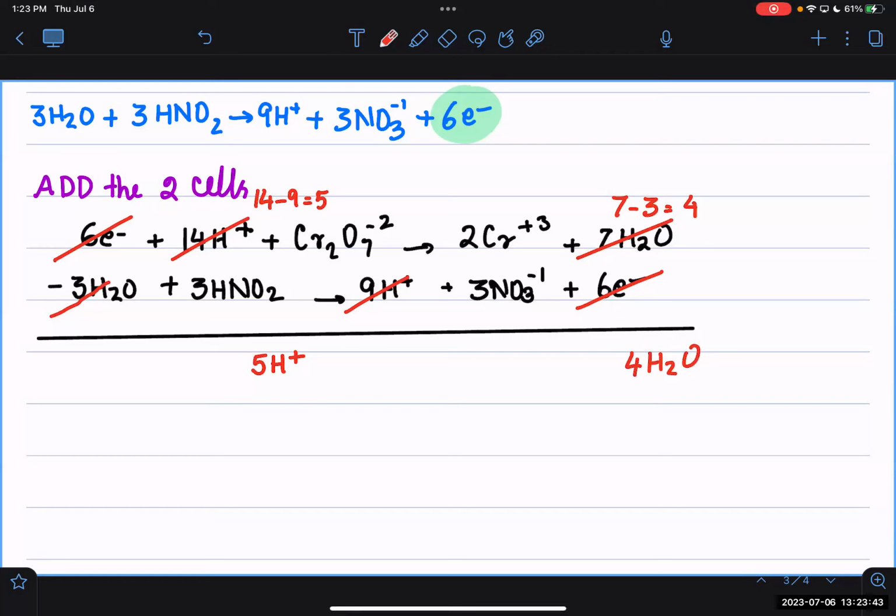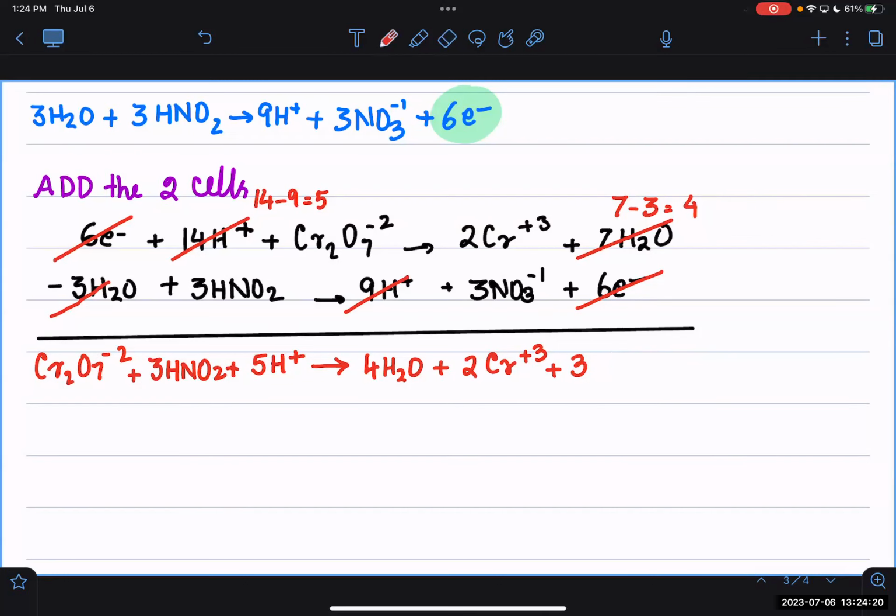So now just add Cr2O7 minus 2 plus 3 HNO2, right? 3 HNO2, Cr2O7 minus 2 plus 5 hydrogen ions is equal to 4 H2O plus 2 Cr plus 3 plus 3 HNO3, sorry, 3 nitrates, NO3 minus 1.